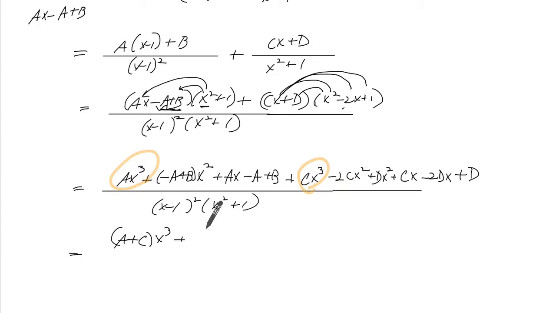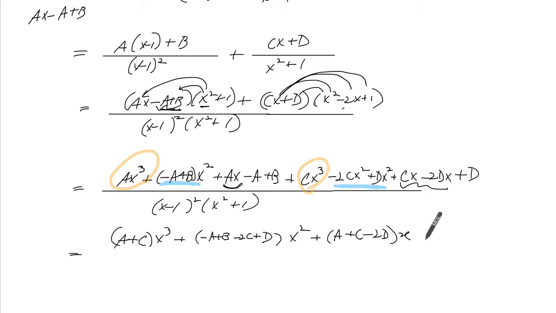And then the x squares, we have minus A plus B, let me highlight with a different color here, and minus 2C plus D. And then the degree 1, so you get A plus C minus 2D x, and then the constant, minus A plus B plus D. All of that over the same base, of course. So now we do the comparison.